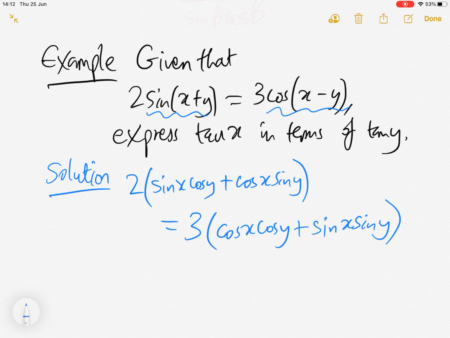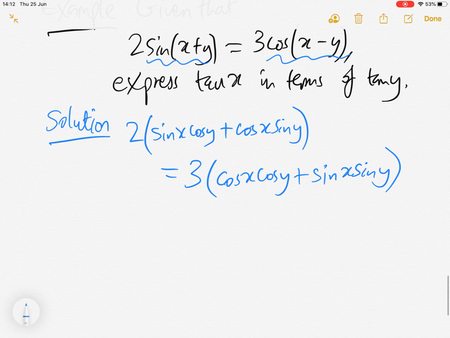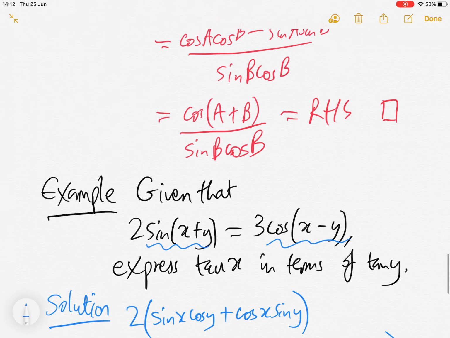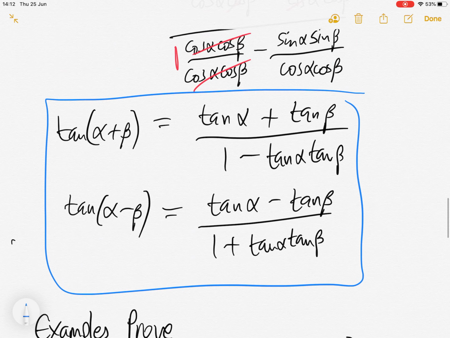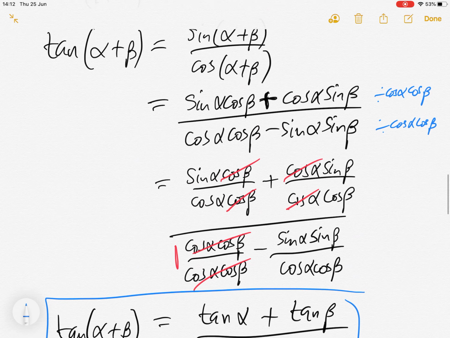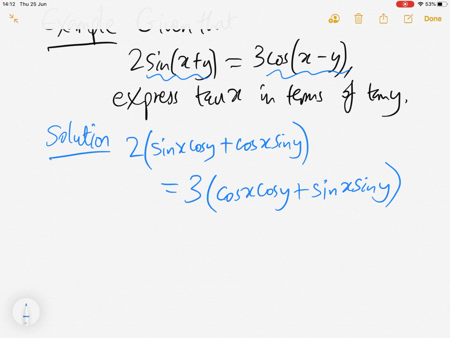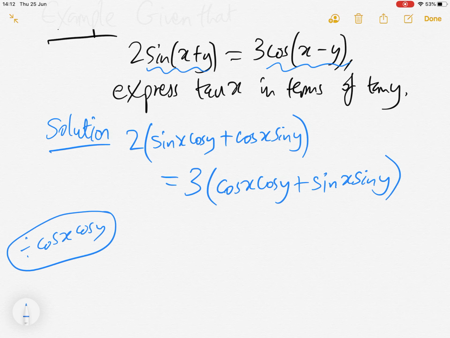And then, okay, this isn't looking particularly rosy, but we want to get tan x and tan y. So remember this trick of how we got tan formulas here. We divided everything by cos alpha, cos beta. So I'm going to suggest that if we divide everything by cos x, cos y, that's going to be really helpful because it will give us stuff in terms of tan.